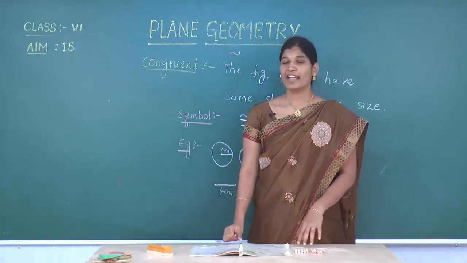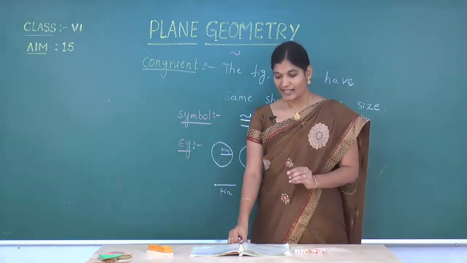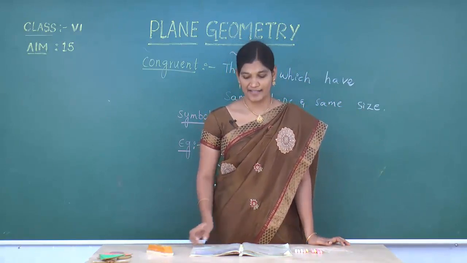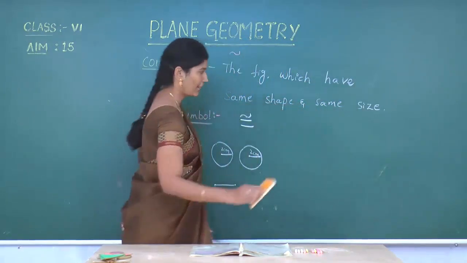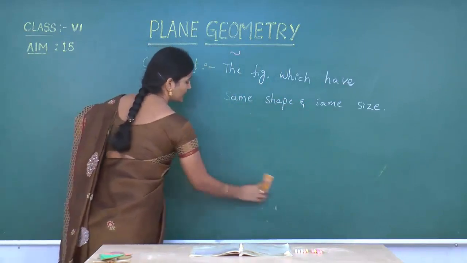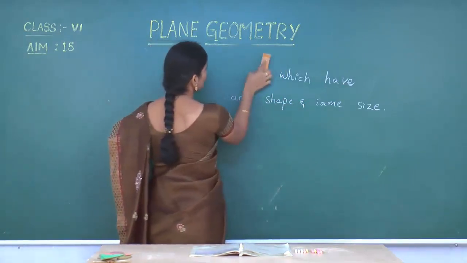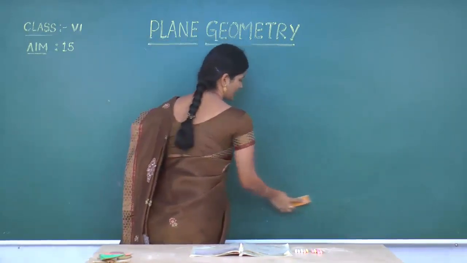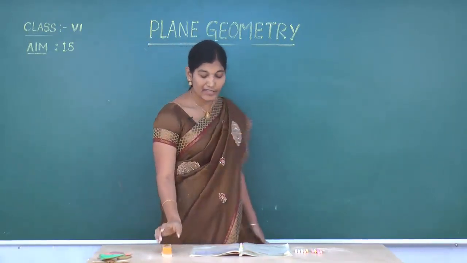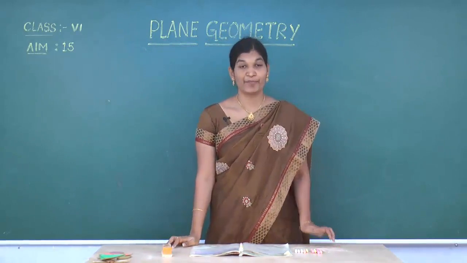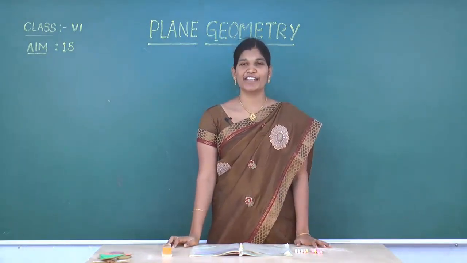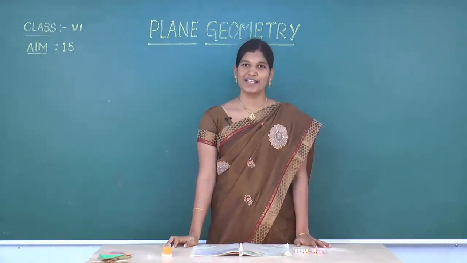And let me explain some congruency rules of the triangle. Here we have some axioms. Before going to that, let me show you some figures which are congruent to each other and which are similar to each other.